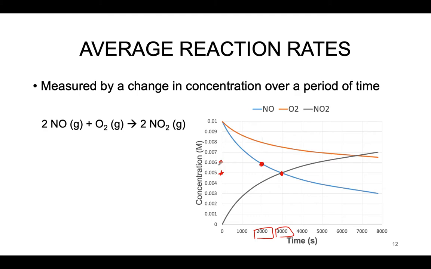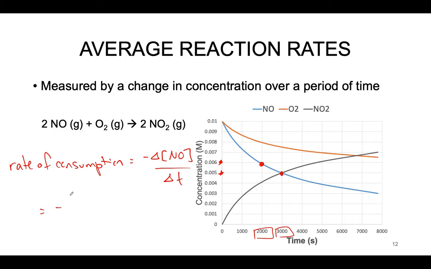So we are going to insert these concentrations into our rate of consumption equation, which is a negative change in concentration of NO, not NO2, NO, our reactant, divided by a change in T for time.